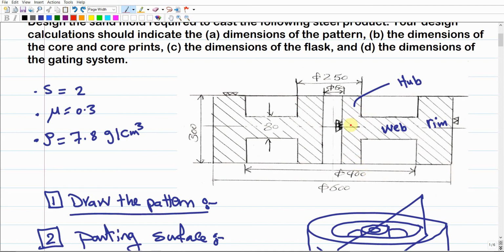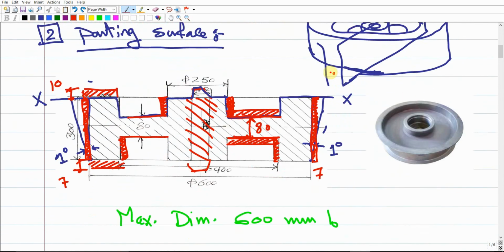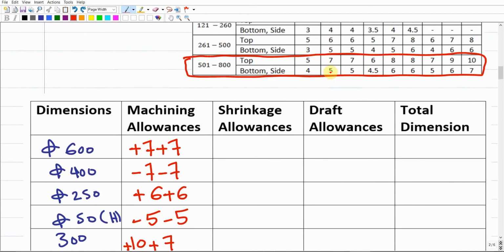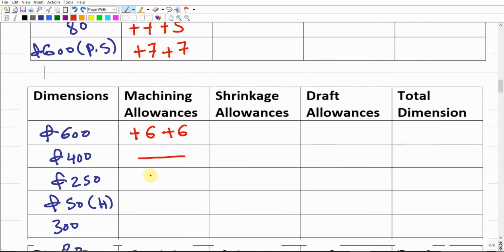No. So there is no machining that should be done for these cylindrical surfaces that belong to the 250. It means no machining allowances will be added to the 250 millimeter. So going down here to the table, we're going to say that there is no machining. This mark indicates there is no machining for the 250.